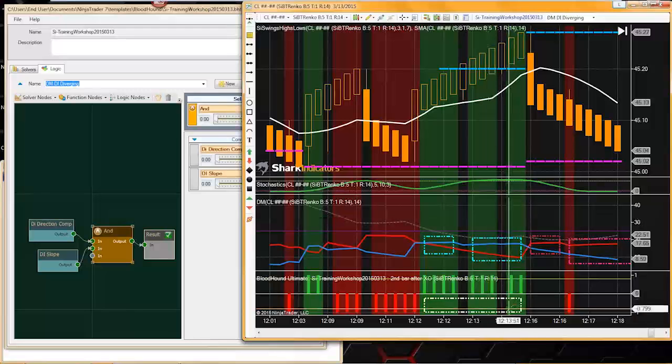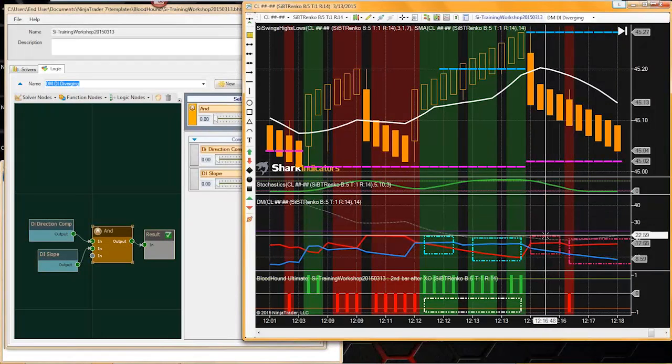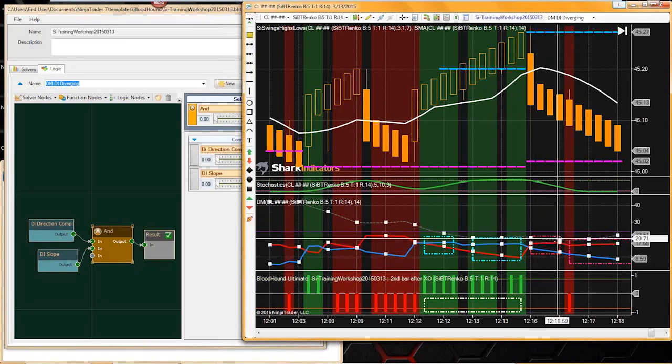All right, so I found out that this works well when we're in a long situation, but it's not working when we're in a short situation, because our DI minus is actually sloping up.